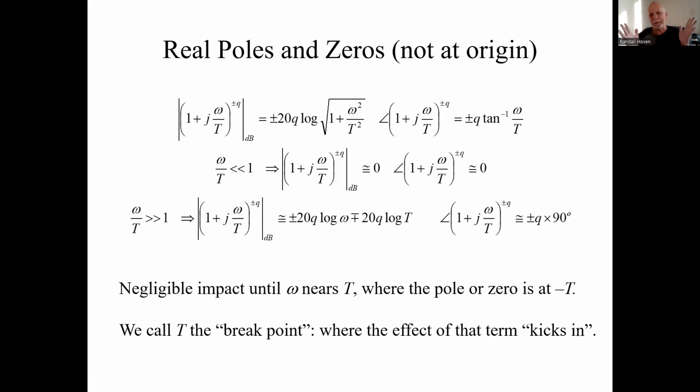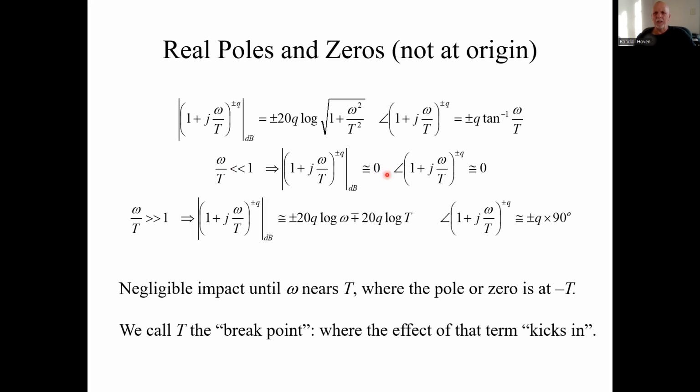What about the other terms? First, what about real terms? I'll try to go through this quickly to justify everything. You can calculate it. I'm not going to go through this in too much detail, but the gist of it is when this term here is small, when omega is much lower than that constant that we divided by, then this kind of goes away, and this is just 1.